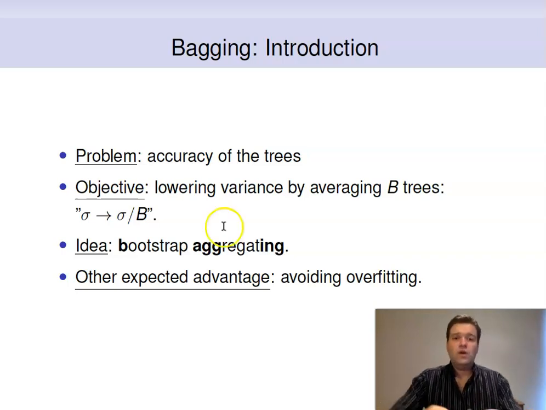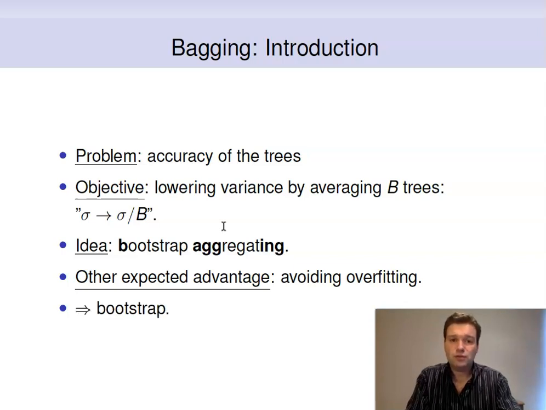The objective is the same. When we prune the tree, we avoid overfitting. When we average the trees, we decrease overfitting as well. That means we are not going to do the same thing twice. Therefore, maybe if we average very complex trees that overfit, it is possible that we decrease overfitting as well without pruning anything. That's what we are going to try to see.